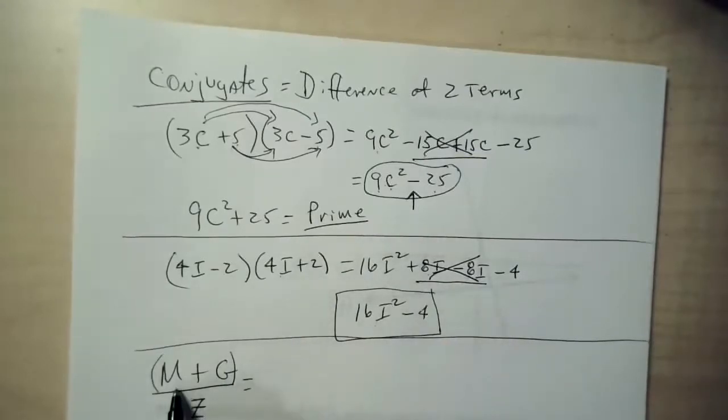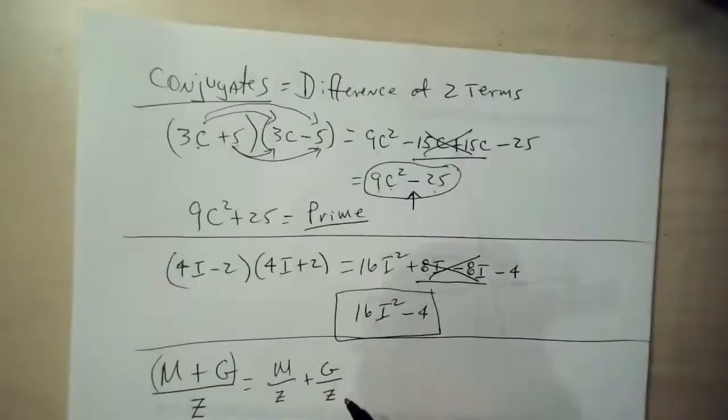So what we're going to do is split these up into M divided by Z plus G over Z. Everybody with me here? We have to divide each one of these terms up here by Z.